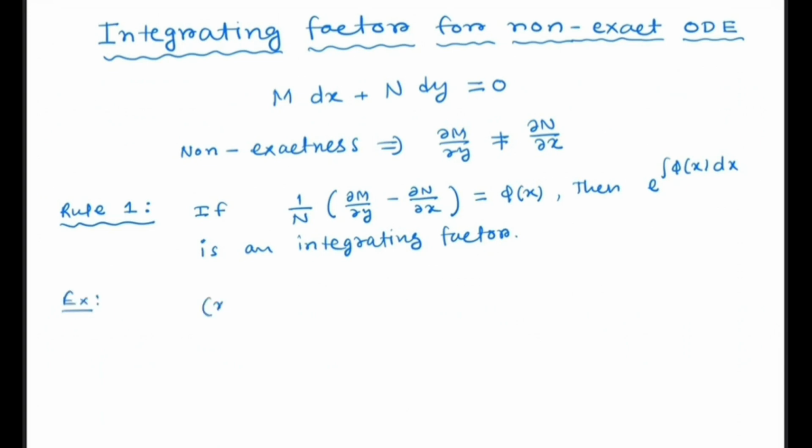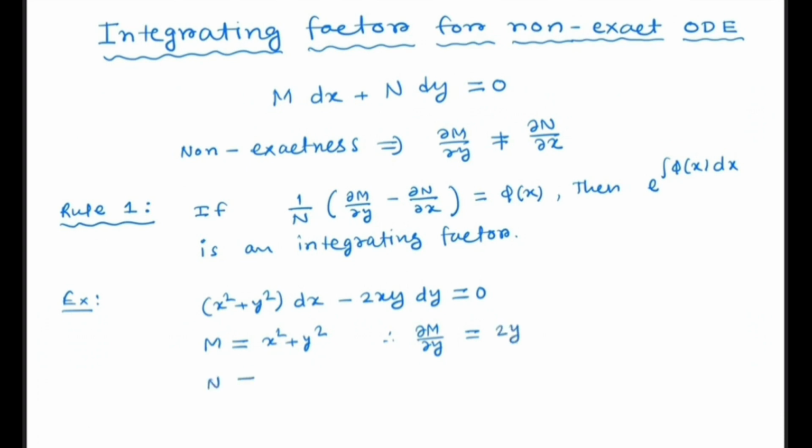Take (x squared plus y squared) dx minus 2xy dy equal to 0. So here we have M is x squared plus y squared, so del M/del y will be 2y. N is minus 2xy, so del N/del x is minus 2y.